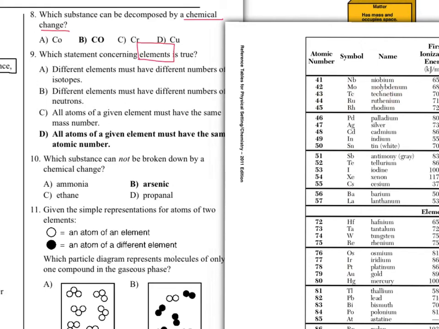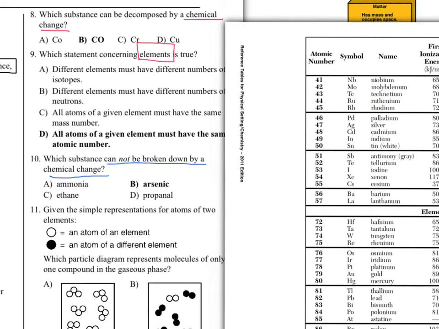Question number 10 asks us to look for a substance that cannot be broken down by a chemical change. So you can recall that substances that cannot be broken down by any means would be the elements, and substances that can be broken down by chemical means are called compounds.